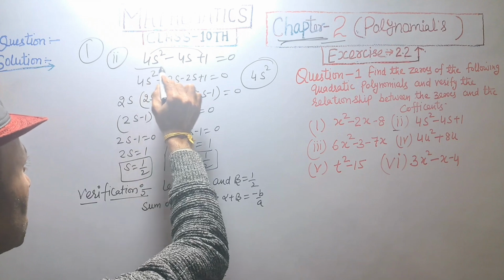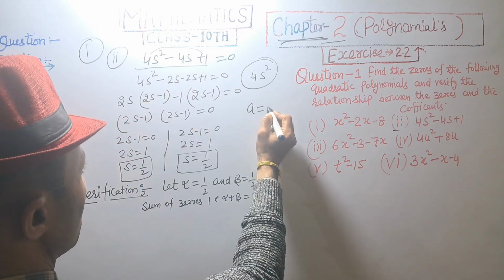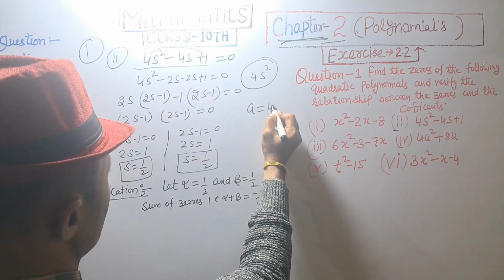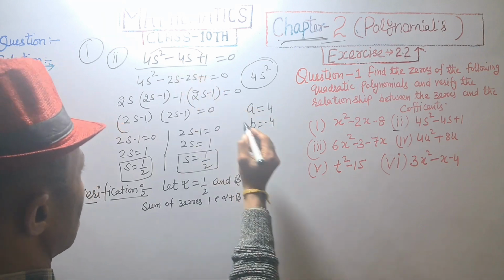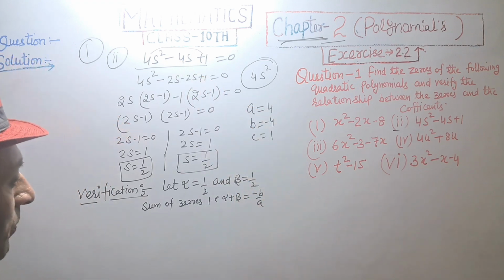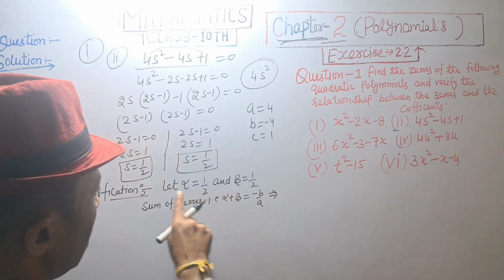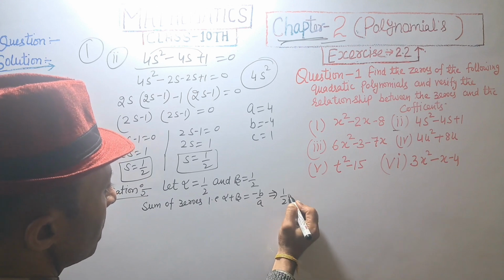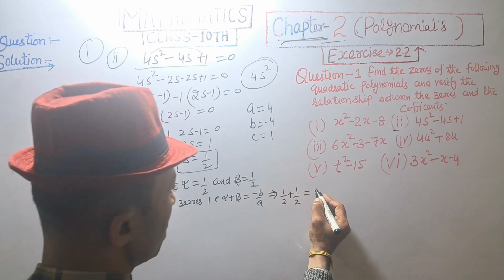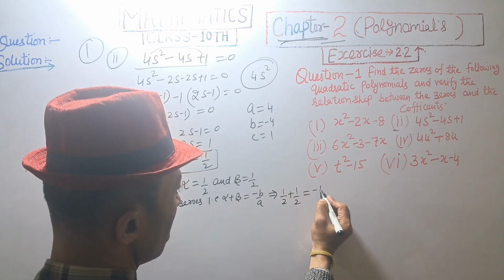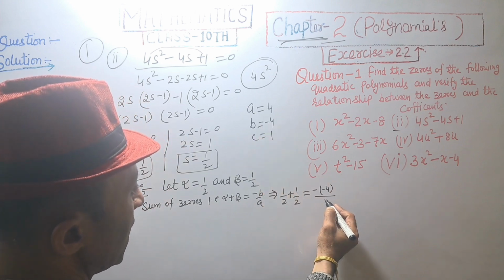Comparing with the quadratic polynomial ax square plus bx plus c equal to 0, we get a is equal to 4, b is equal to minus 4 and c is equal to 1. This implies alpha is 1 upon 2, beta is 1 upon 2, and minus b upon a is 4 upon 4.